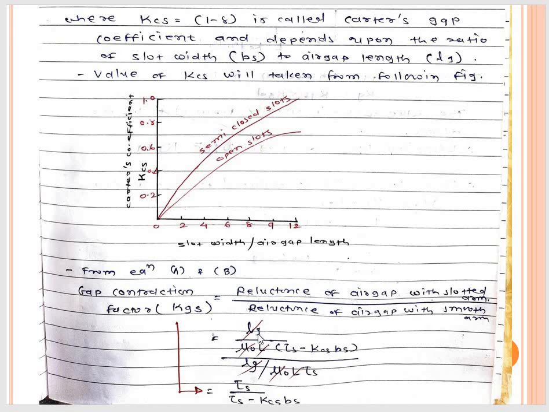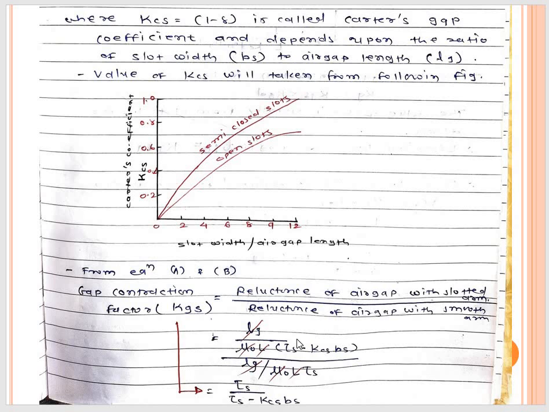So it is given by Lg divided by mu 0 L into tau s minus kcs bs divided by Lg divided by mu 0 L into tau s. So the value of the gap contraction factor kgs for the slots is given by tau s divided by tau s minus kcs into bs, where kcs is the Carter's coefficient for the slots, and it will be found from this graph.